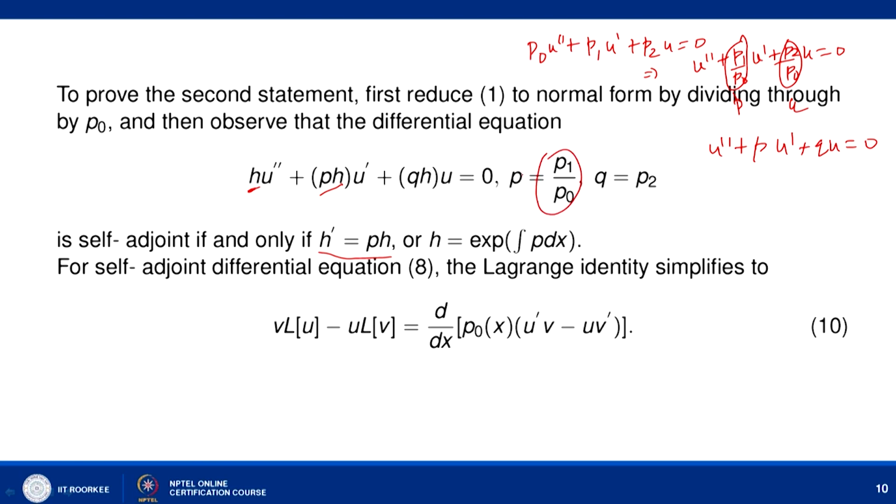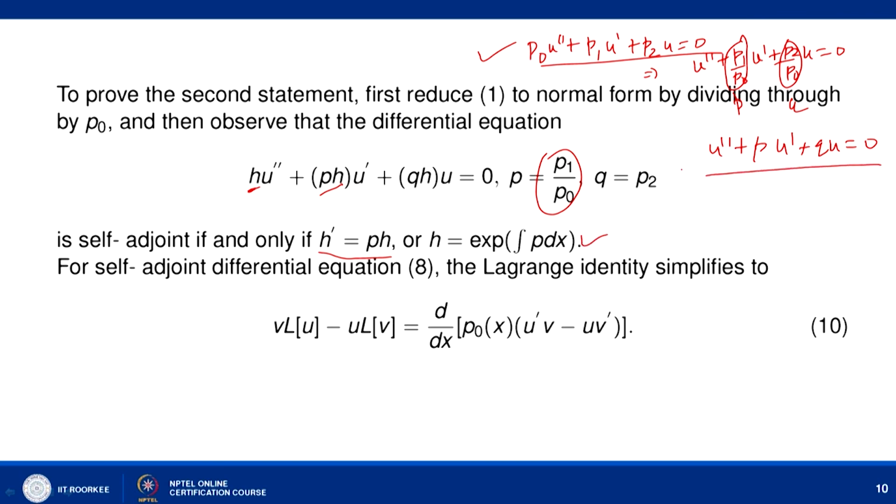So it means that equation 8 can be made self adjoint. If we multiply here by h, then this equation is in self adjoint form, because this h we are multiplying in this kind of equation.